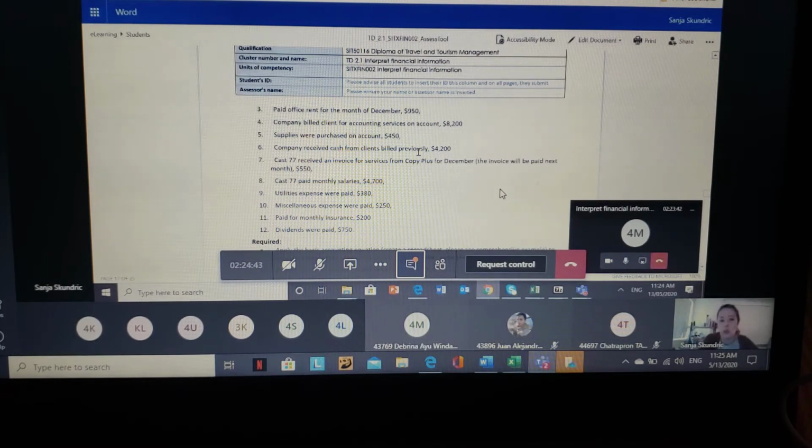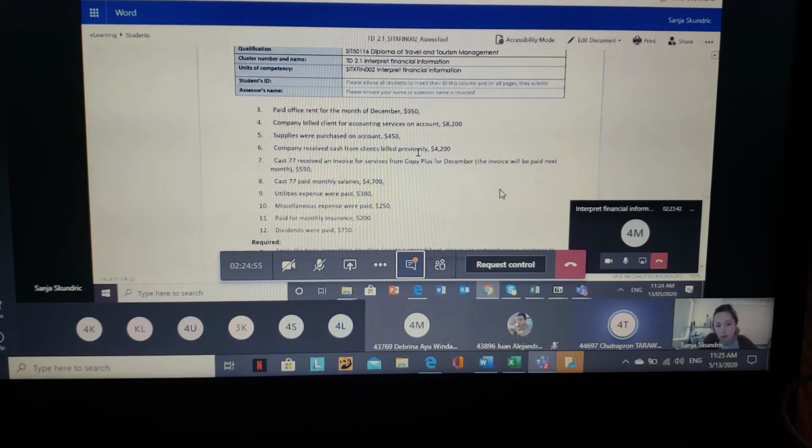So I would not include this one in your balance sheet. Okay. And so we just remove the receiving cash from the client from the asset. Yes. Okay.